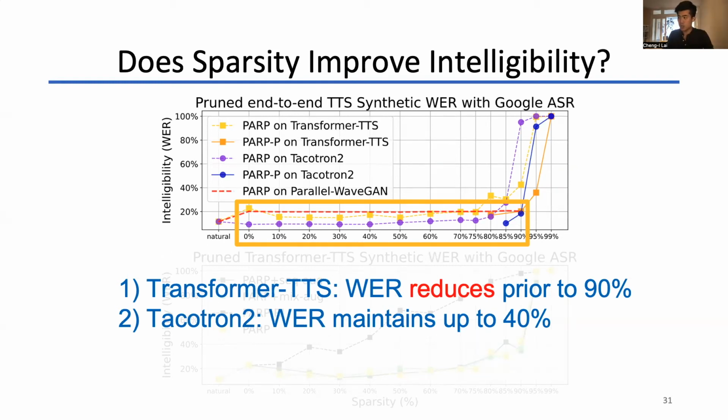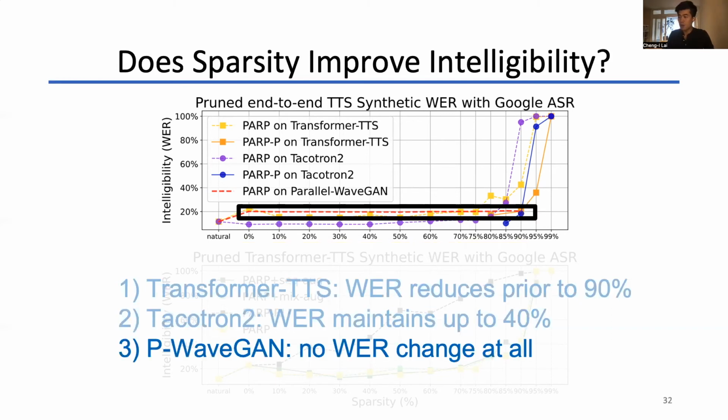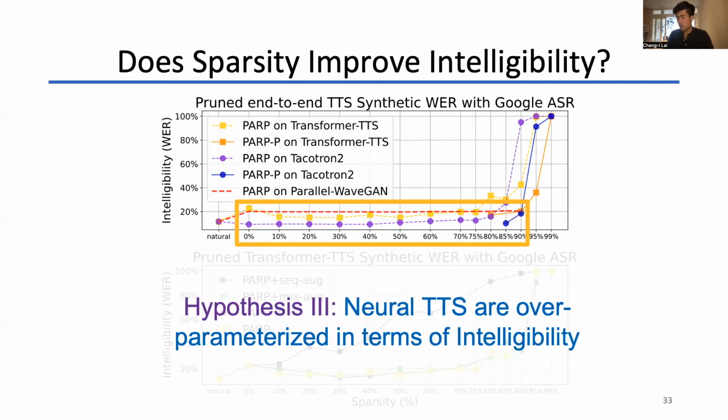For Tacotron 2, the word error rate doesn't decrease, but it stays the same for up to 40% sparsity. For Parallel WaveGAN, there is no word error rate change at all for up to 88% sparsity. So based on these observations, we can conclude that neural TTS models are overparameterized in terms of intelligibility.